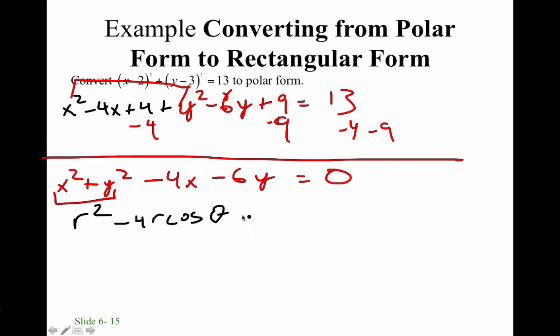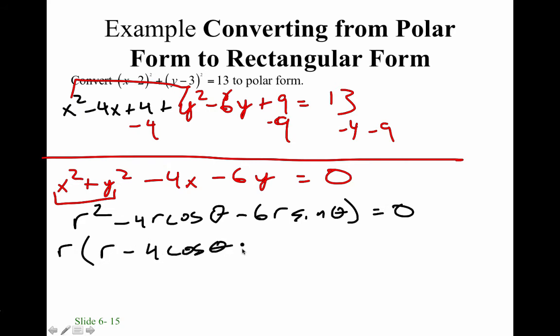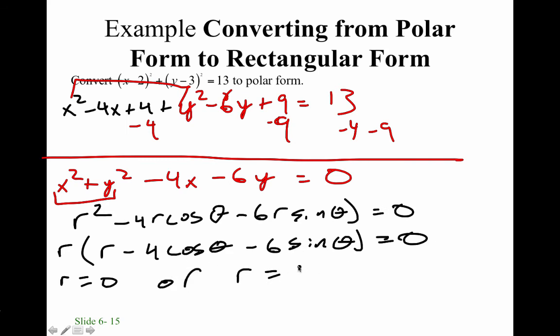And this becomes r sine, equals 0. And then we factor an r out of everything. r times (r minus 4 cosine theta minus 6 sine theta) equals 0, and I get r equals 0, or r equals, sliding those two over, 4 cosine theta plus 6 sine theta.